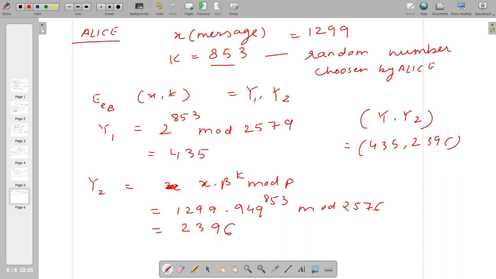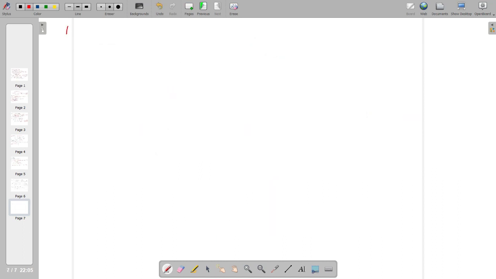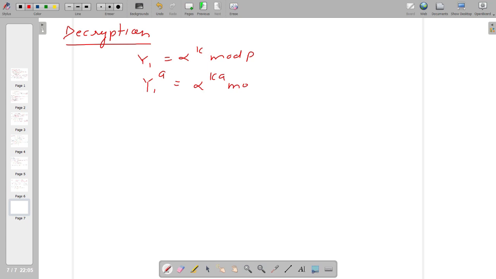Now how does decryption work? Decryption is done by Bob. For decryption purposes, y1 is equal to alpha to the power k mod p. So what we have to find out is y1 to the power a, which is alpha to the power ka mod p, or you can say beta to the power k mod p, because alpha to the power k mod p is beta to the power k.